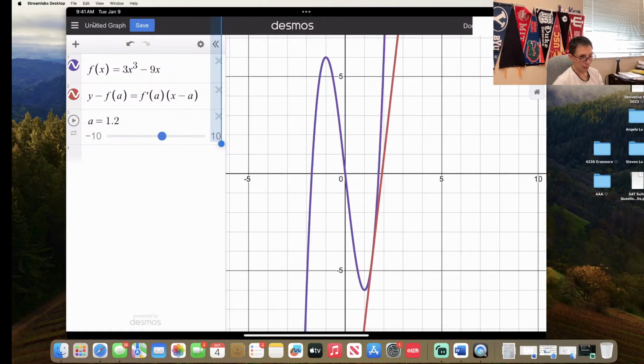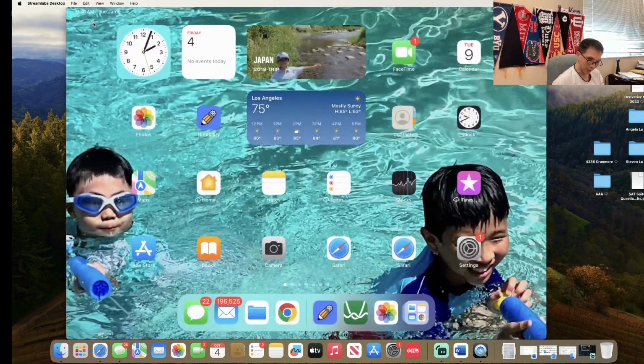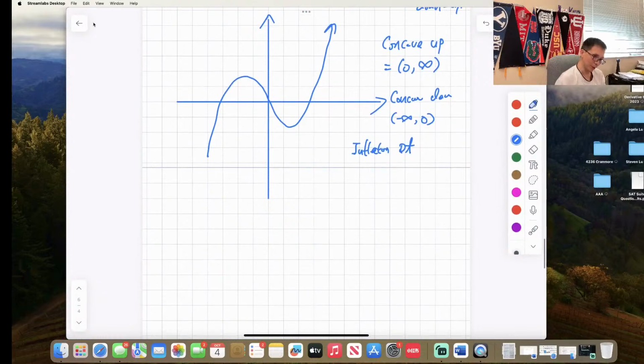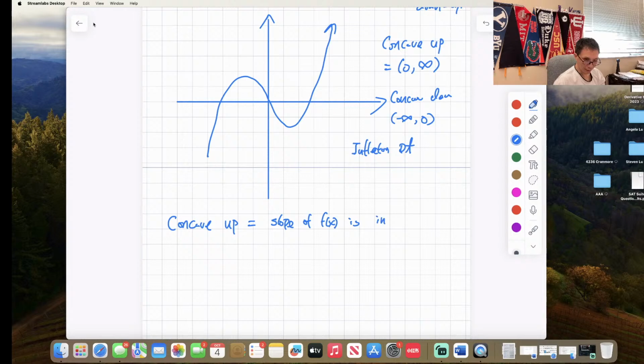Now here's what I'm going to say. I'll probably give you some question like this, asking where it's concave up, where it's concave down. Now I want to give you one more definition. This one you have to memorize it. If it's concave up, that is equal to the slope of f of x is increasing.